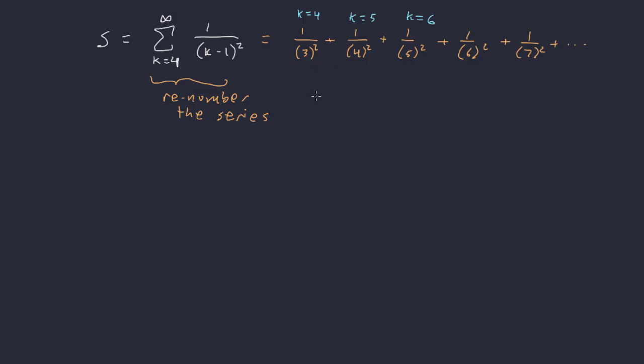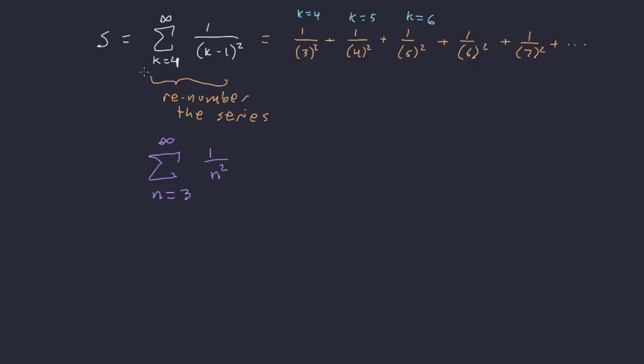And actually, it looks like instead of writing it as k minus 1, we can write this series as the series n going from 3 to infinity of 1 over n squared.